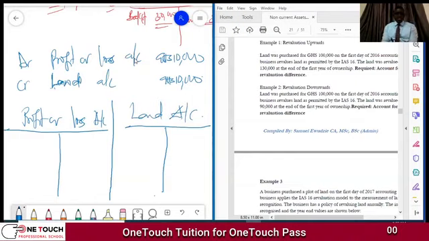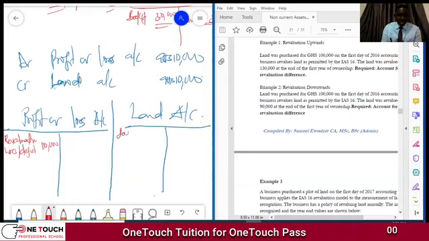Here we debit profit and loss in the name of land, the revaluation loss, revaluation deficit, 10,000.